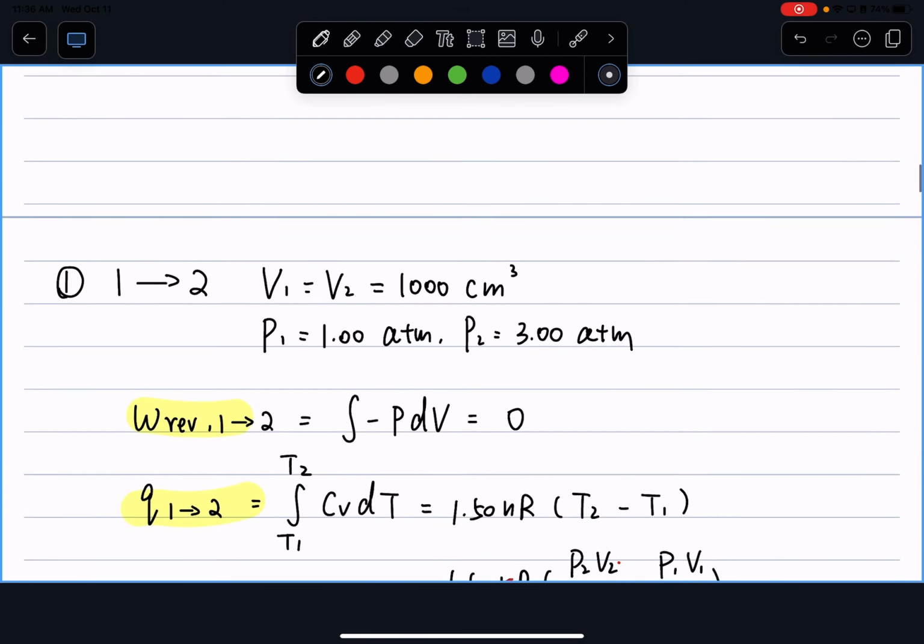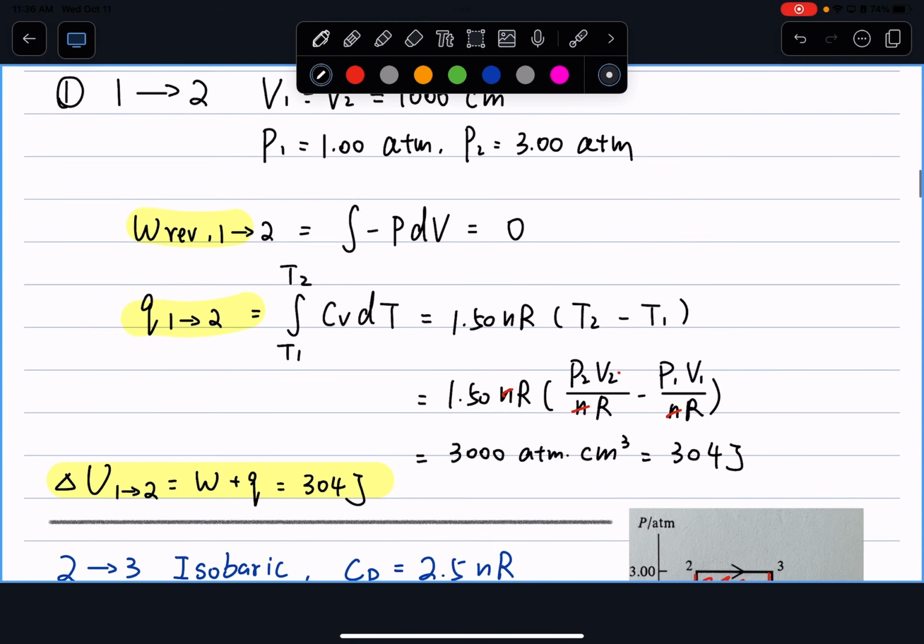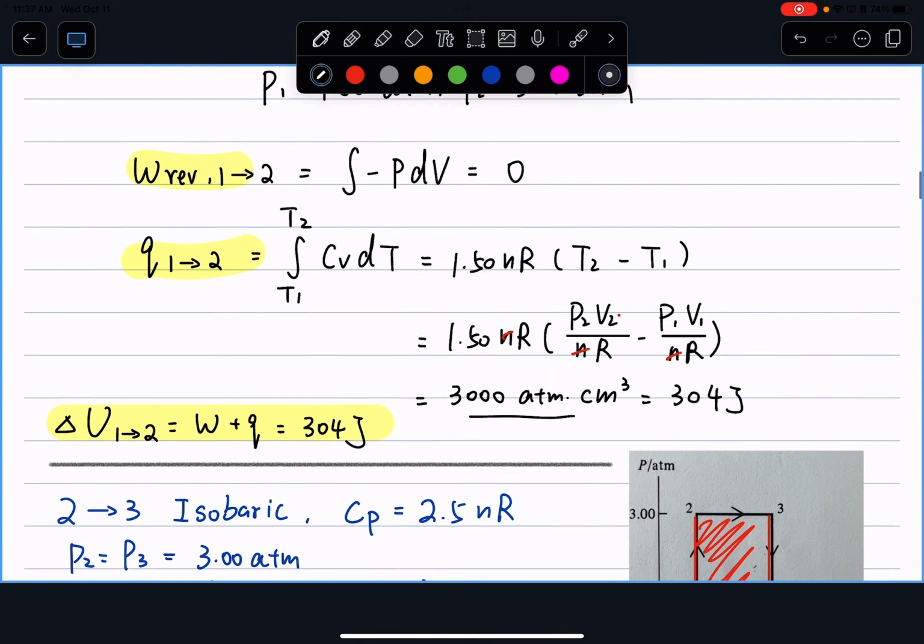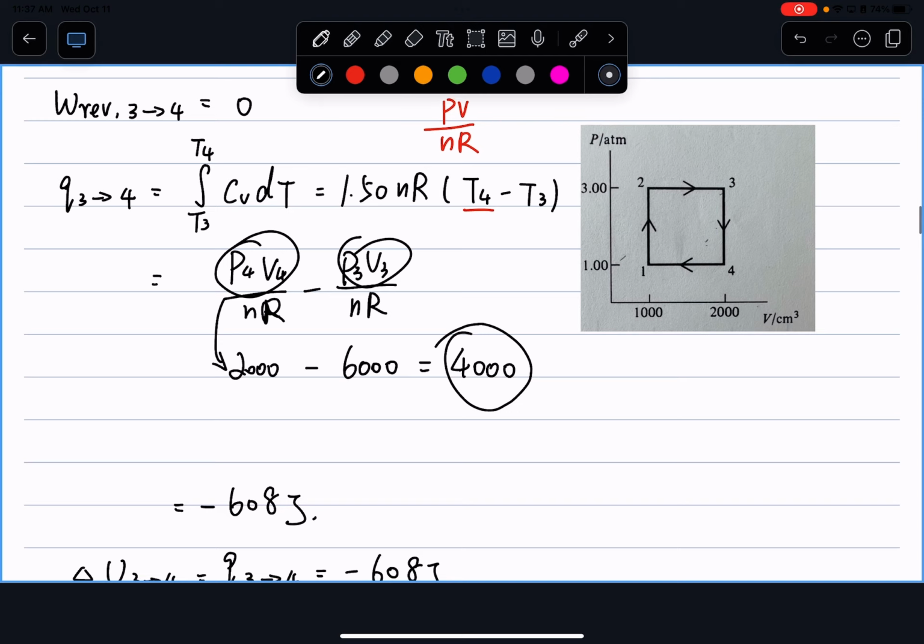If you keep in mind what we had before, that's only 3,000. I have a feeling I made a typo in my actual answer key. I'll fix it later on.